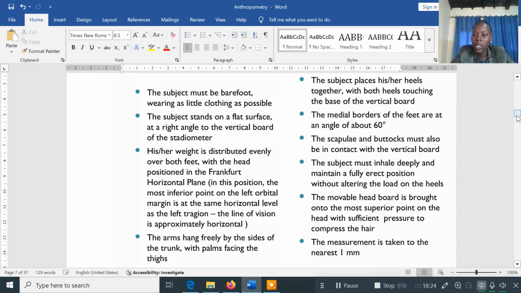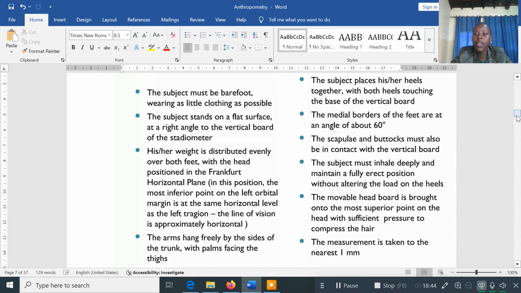So as you're positioning your subject, you have to instruct them to inhale deeply to bring about that calmness, so that they maintain a fully erect position and not altering the load on their heels, okay.